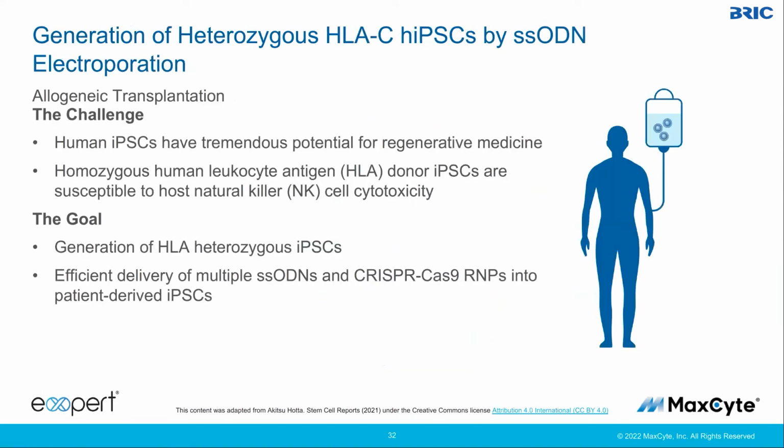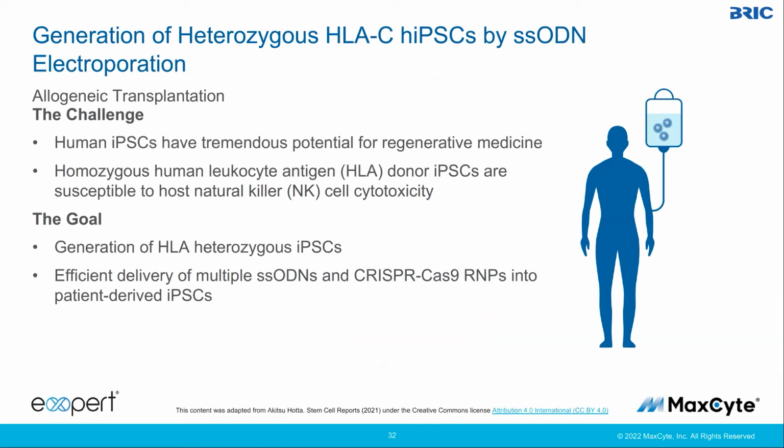The next example I'd like to show is how you can use SSODNs to generate heterozygous HLA-C iPSCs by electroporation. As I mentioned earlier, iPSCs have a lot of potential for regenerative medicine, but if you have a homozygous donor iPS cell line, it is still susceptible to NK cell cytotoxicity.